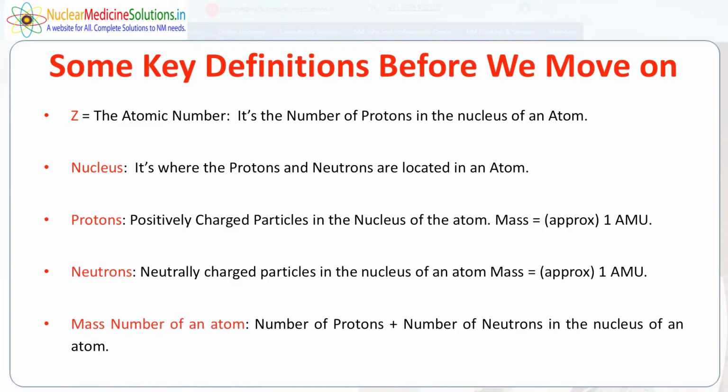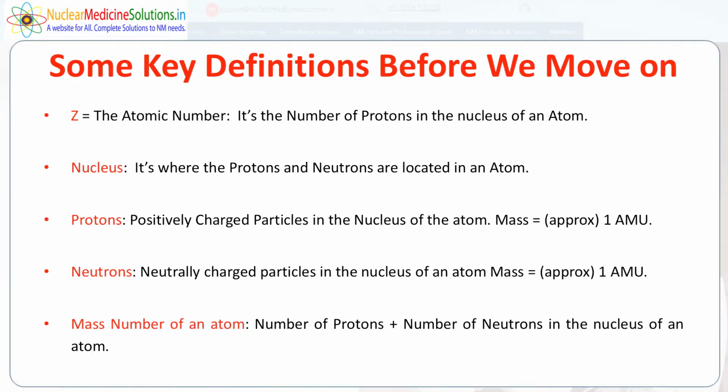First of all, when we are dealing with this particular module, there are certain key definitions which we should also know. Unless we know them, we will not be able to understand radioactivity. A few terms which come when we define the word radioactivity: Z. Z is nothing but the atomic number.